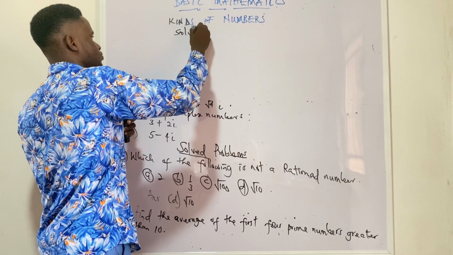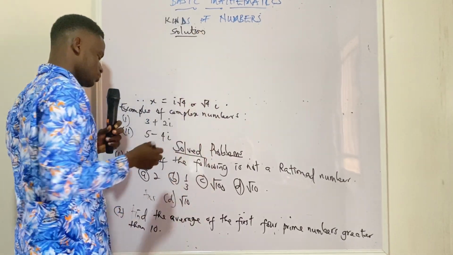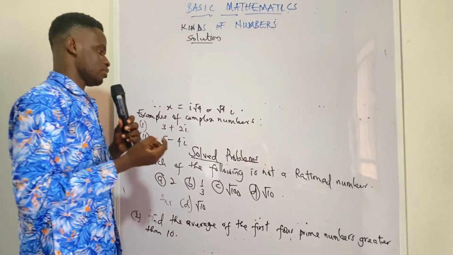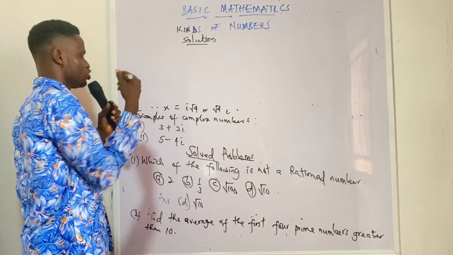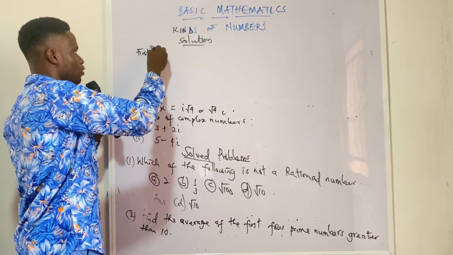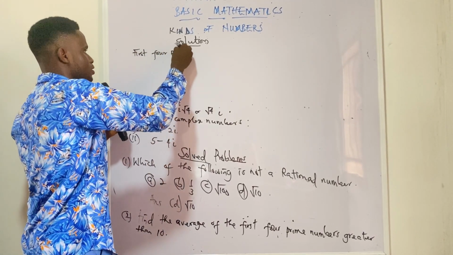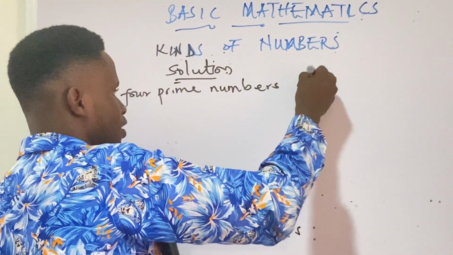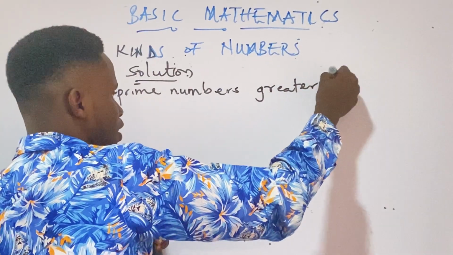Solution. We have to find the average of the first 4 prime numbers greater than 10. That should be what is in your mind: the first 4 prime numbers greater than 10.